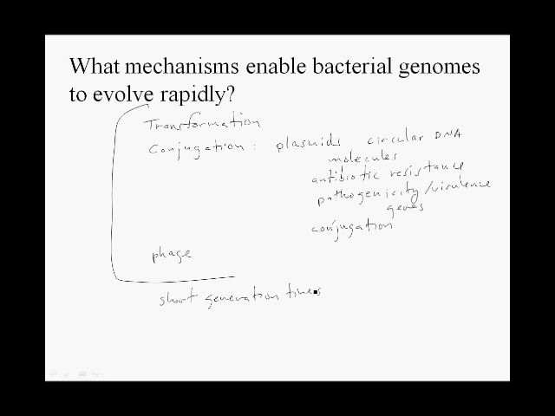So each DNA replication means that there is some chance of acquiring mutations. Therefore, mutations arise relatively frequently for bacteria with short generation times. So all of these factors mean that bacterial population can evolve quite quickly in chronological time.